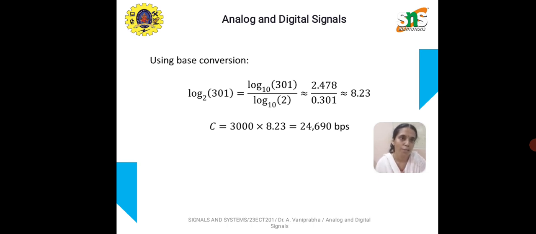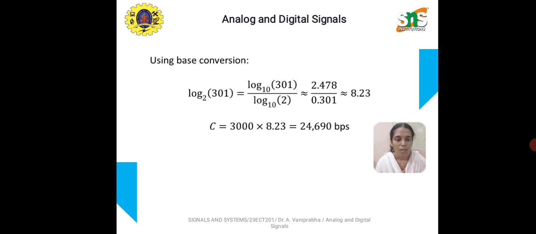Dividing the numerator by the denominator, the answer is 8.23. And finally, multiplying that value with the bandwidth, C is equal to 3000 into 8.23, which is nothing but 24,690 bps.